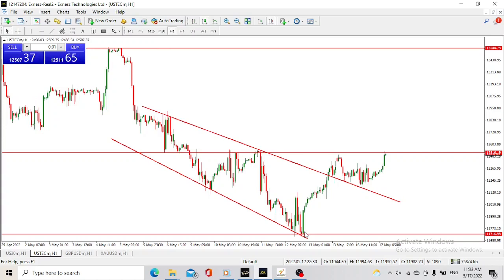After hitting this support zone, it went up again, came back, and broke our vertical trend line. It broke it, retested it once, twice, and the third time. Then what did the market do? The market went to the upside.